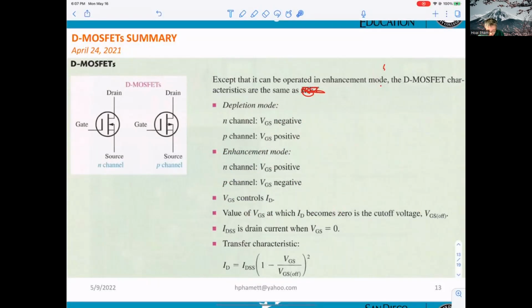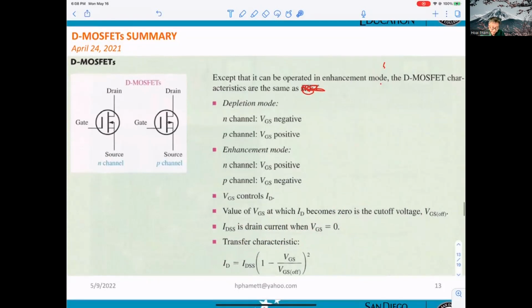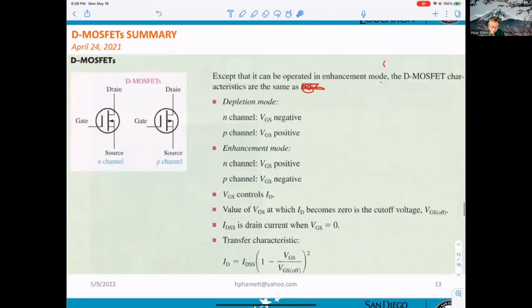IDSS is the drain current when VGS equals 0, and the transfer characteristic is the same thing. That's a very good summary. When you're reading through it, you understand everything.